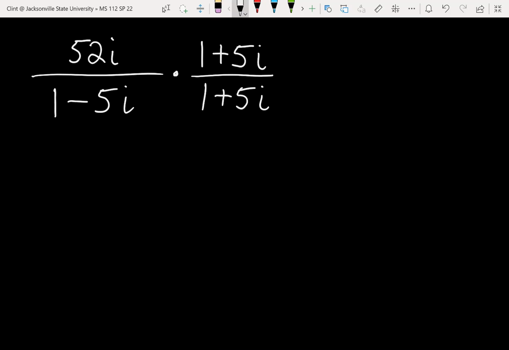So on the top again, I'm not going to worry about multiplying that out just yet. I'm going to call it 52i times 1 plus 5i. Might get lucky and something might cancel.